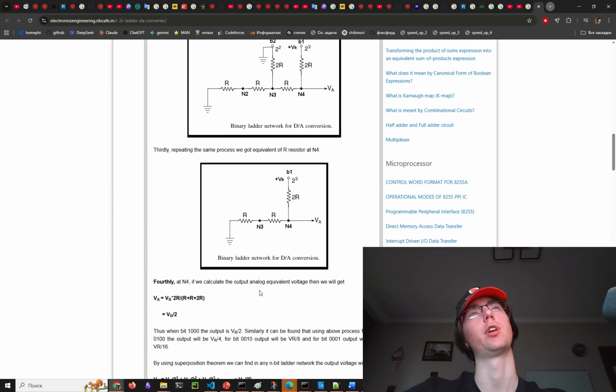Then, if we calculate the output analog equivalent voltage, we will get VR divided by 2.